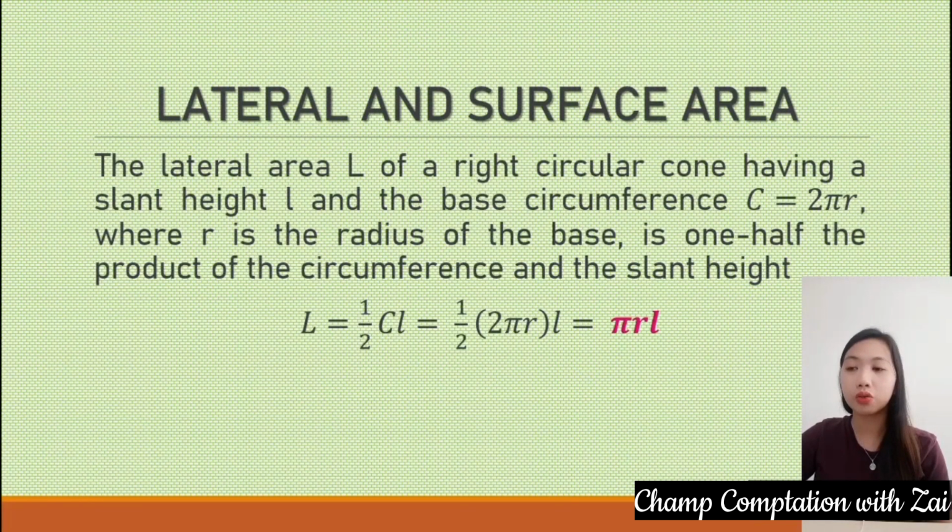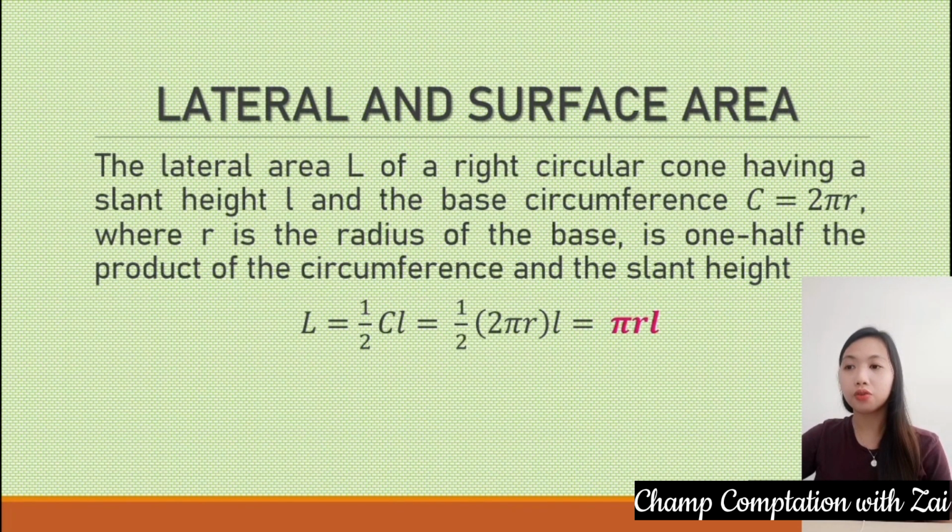In symbols, we have 1/2 CL. To elaborate, we have 1/2 the circumference, 2 pi r, multiplied by L. Simplifying the formula, the lateral area is pi r L.